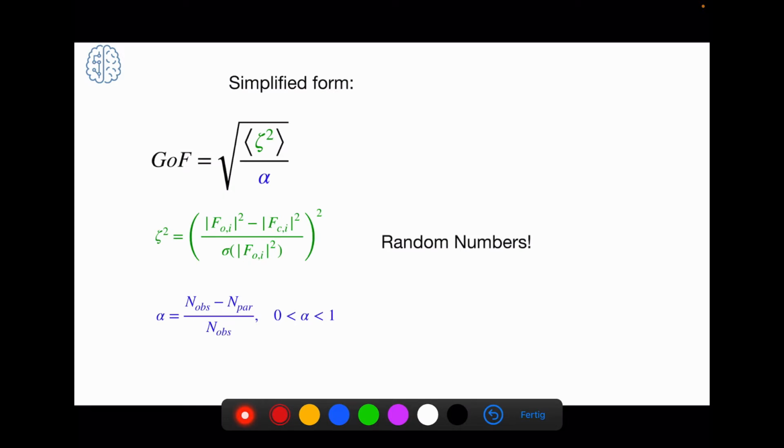Now, in this simplified form, we need to recall that zeta squared are actually supposed to be random numbers, because this whole definition is actually coming from the chi-square distribution, in which the entities zeta squared are assumed to be identically distributed random numbers.